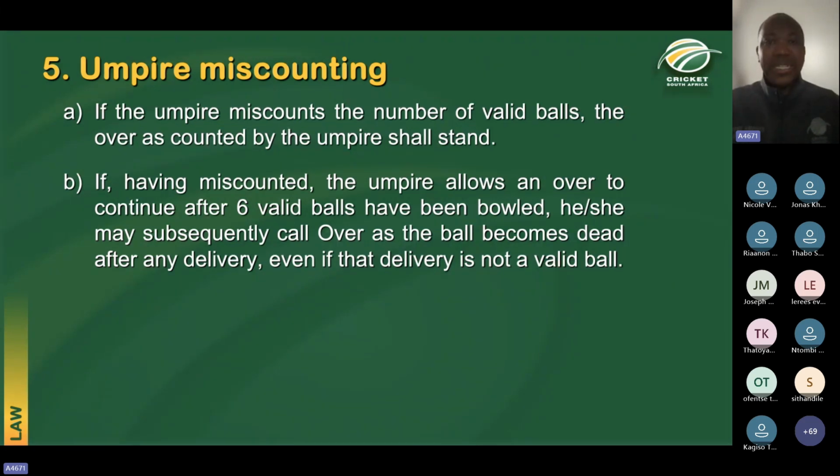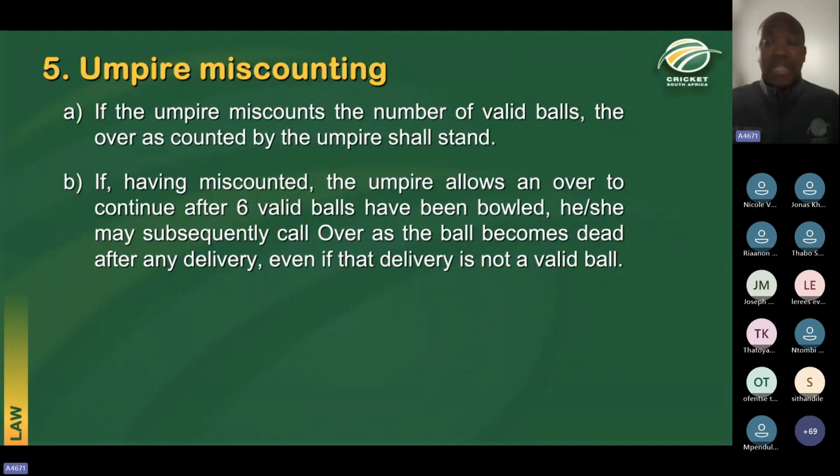But if we discover that the no ball that was bowled was actually the 7th ball bowled in the over, then law tells us in point number B that we need to call over immediately after that 7th ball when we are notified or when we realize that it was the 7th ball of the over.